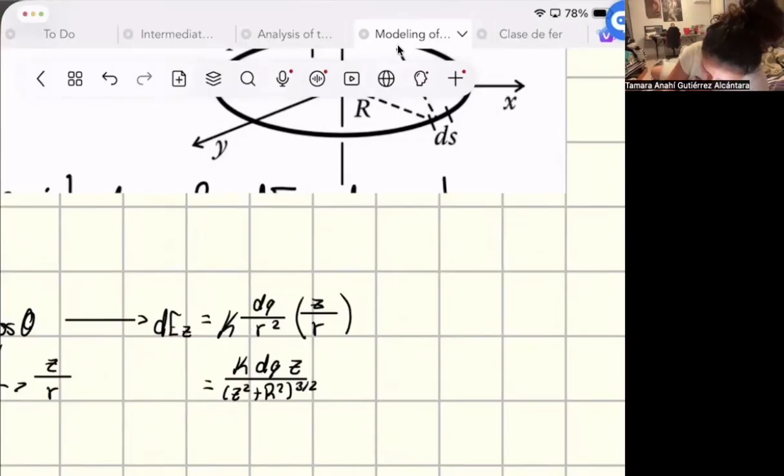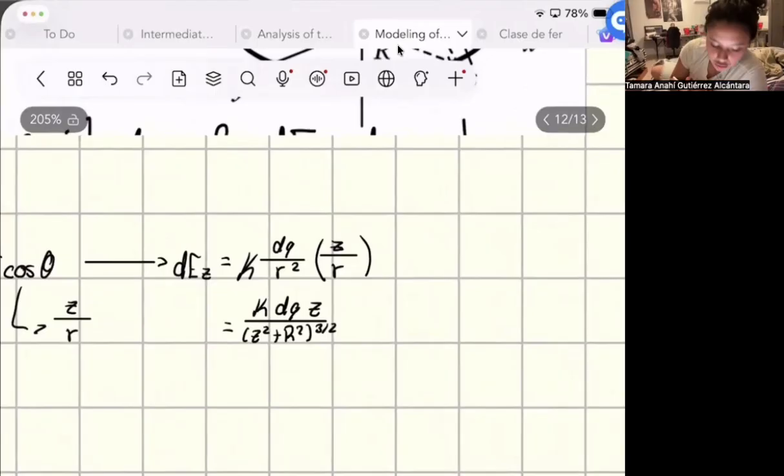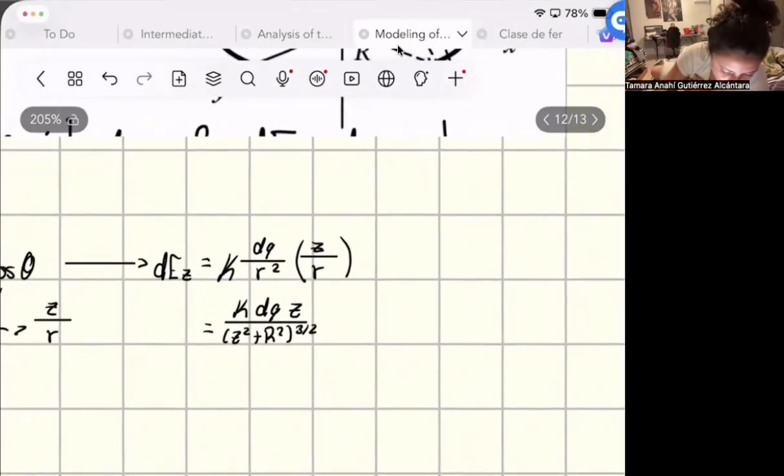So this is just the same as this. Now we want to substitute dq. So we use the linear charge density with lambda.